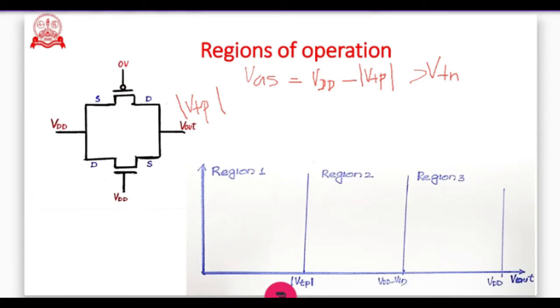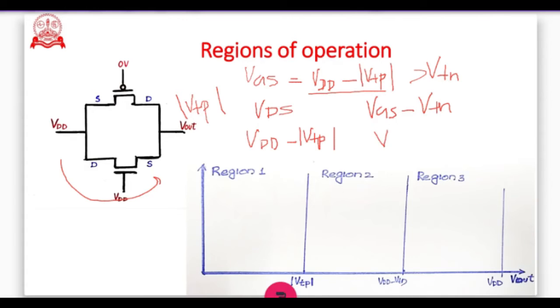So NMOS is on. Now we have to check whether it is working in saturation or active region. For that we have to compare VDS and VGS minus VTN. Here VDS is VDD minus modulus of VTP, and VGS minus VTN is VDD minus modulus of VTP minus VTN.